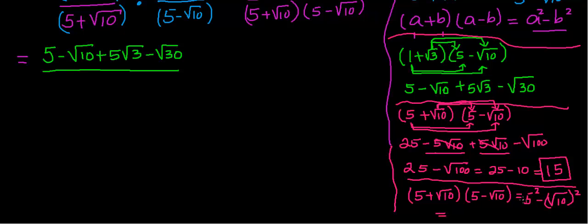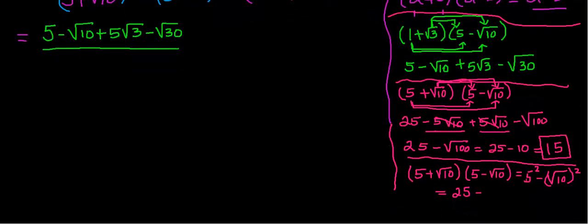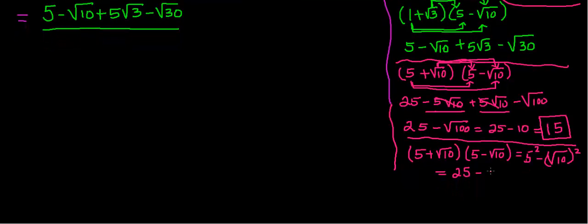And that would equal 5 squared is 25 minus the square root of 10 squared, which is the square root of 10 times the square root of 10. That's what the square root of 10 squared is, right? So this is 25 minus the square root of 100, which is 25 minus 10, which is 15.